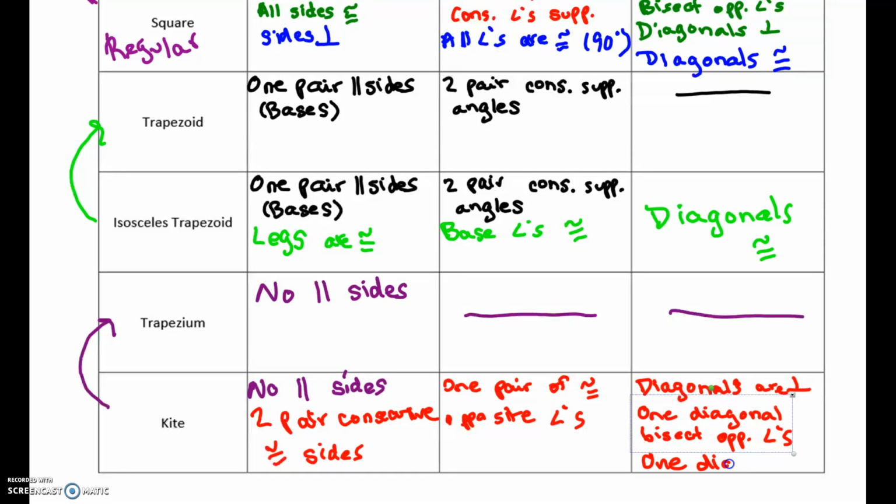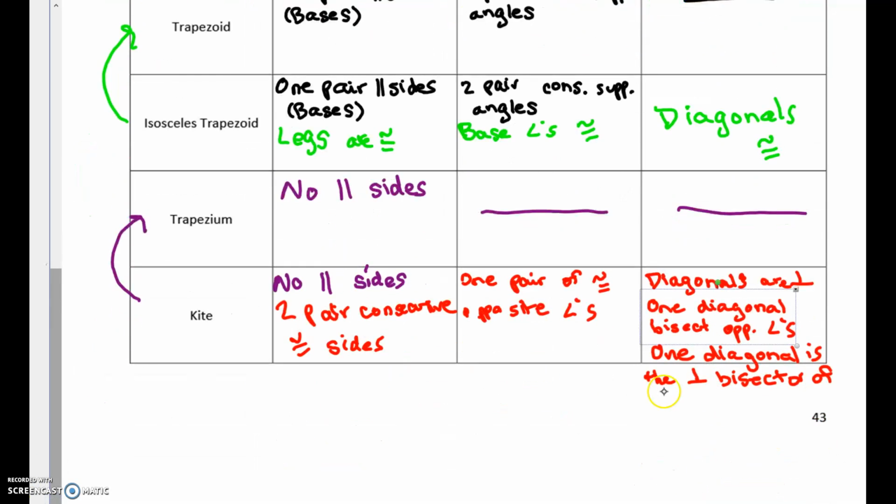One diagonal, I'm gonna call it, is the perpendicular bisector of the other diagonal. So kites actually have lots of cool properties.